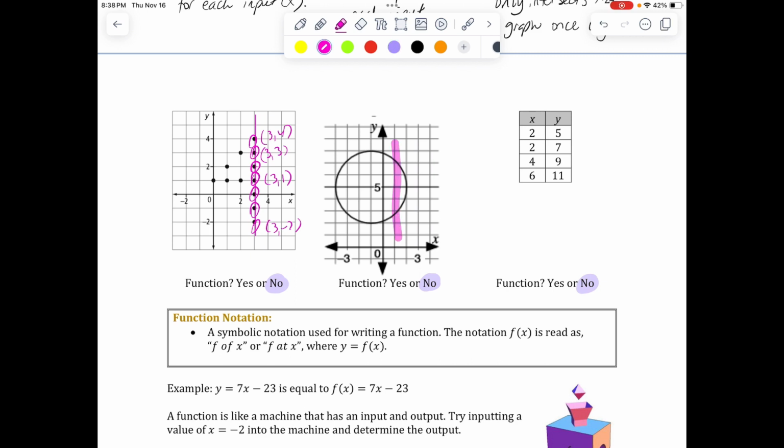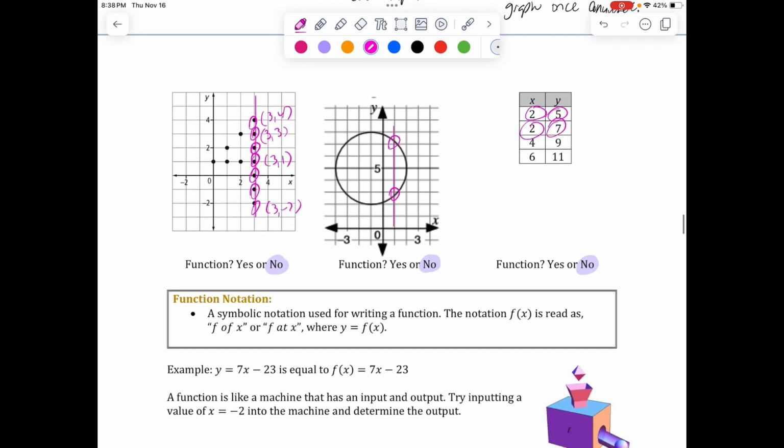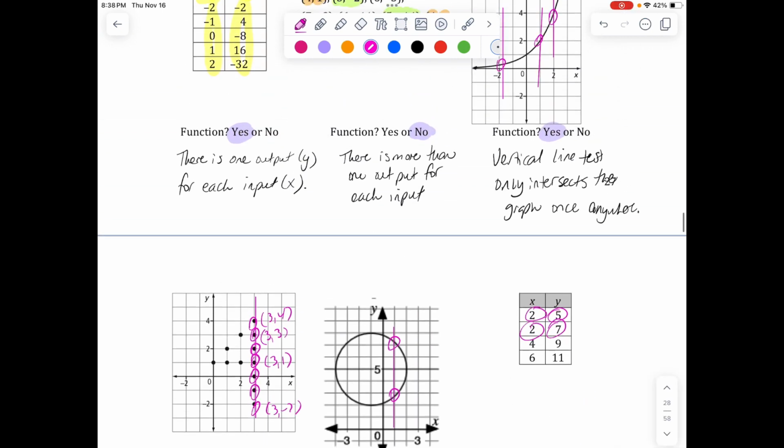I'll just explain. Okay, vertical line test, for each single input, we've got 2 outputs, and 2, 5, 2, 7 for each single input, 2 outputs.